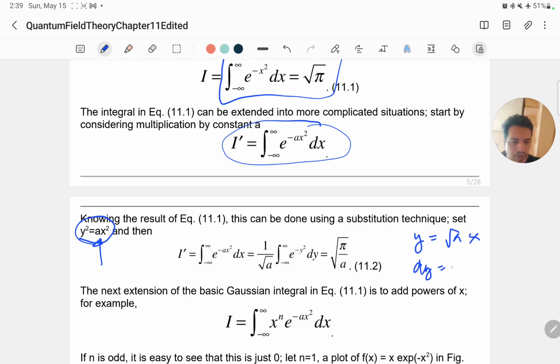So your dy would be equal to square root of a dx, so that you'll be able to change this thing with this one here. Let's make it cleaner.